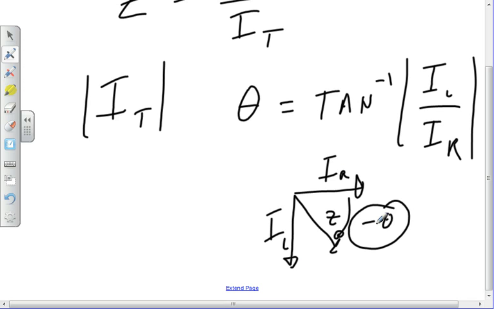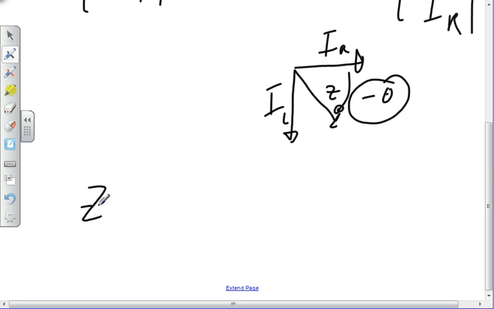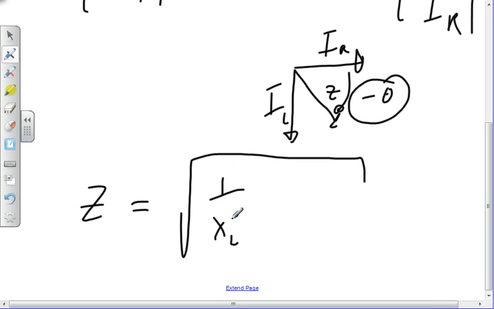All right. We can also say the impedance Z is going to follow the 1 over 1 over rule. So it's going to be the square root of 1 over XL squared plus 1 over R squared.